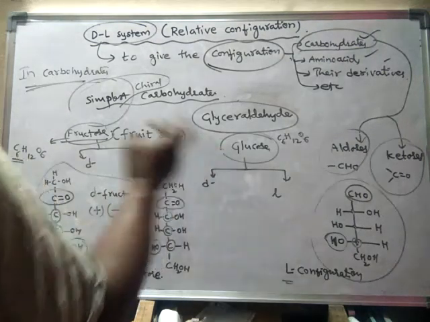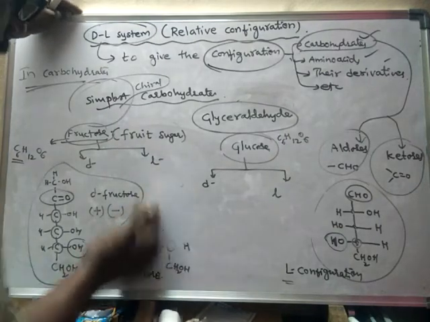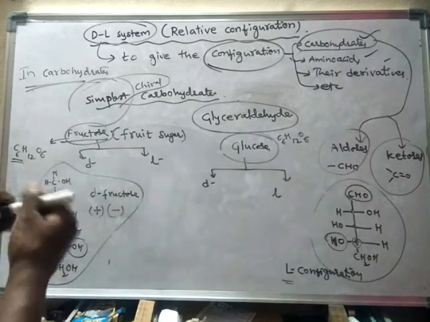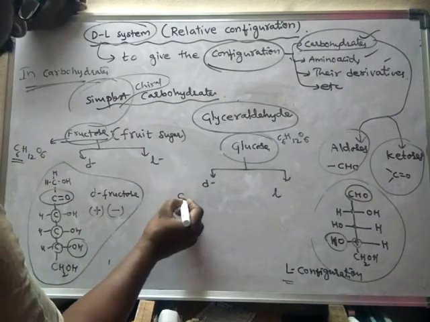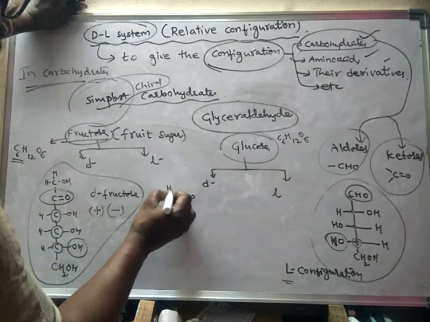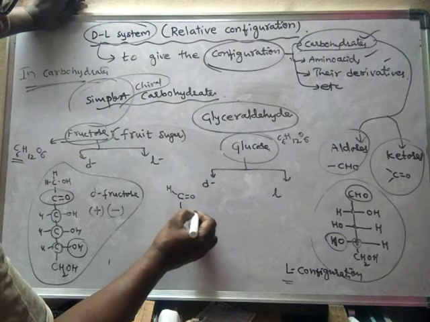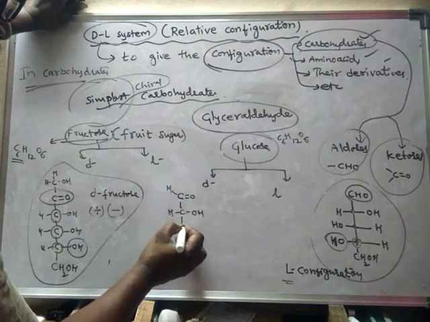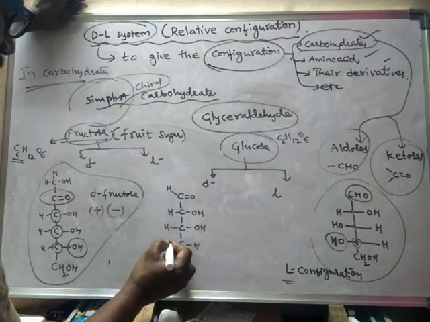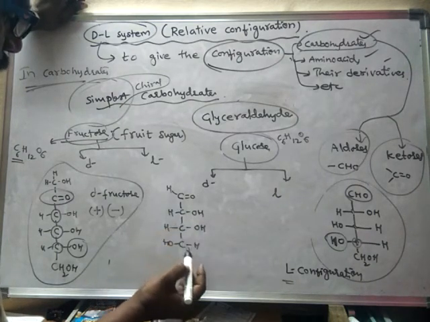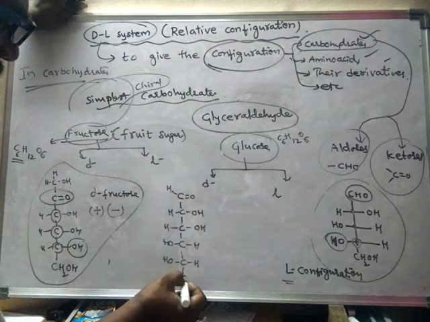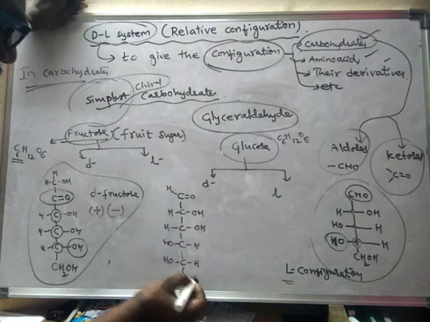Suppose we discuss glucose. Already we have discussed fructose. Glucose has the same molecular formula, but it is an aldose sugar, an aldehyde sugar. So the terminal first carbon is the aldehyde group, and the rest of the carbons possess OH groups and hydrogen groups like this. 1, 2, 3, 4, 5, 6.